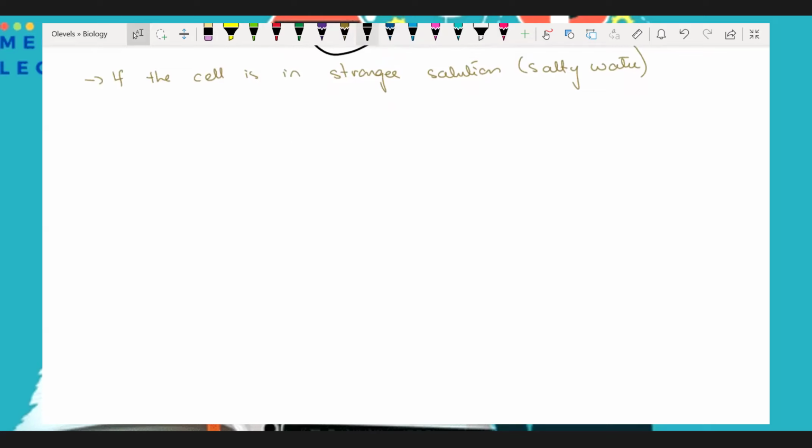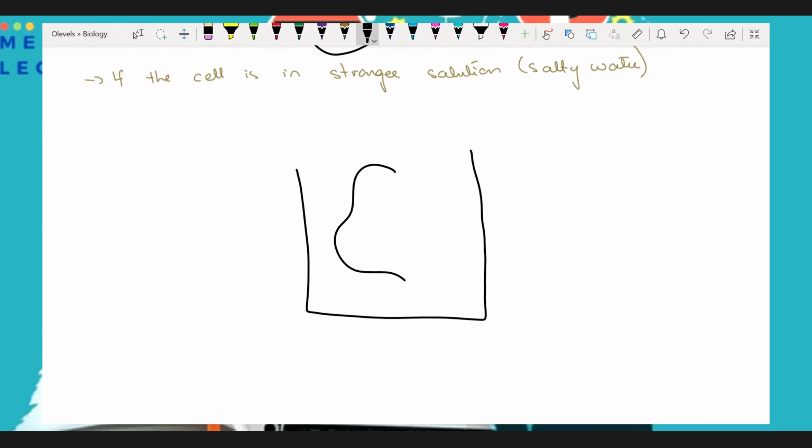And now I'm going to take another beaker here, and then I'm going to take an animal cell again. Now, I know that the solution is salty water. That means this animal cell contains more water molecules as compared to the solution that is outside.